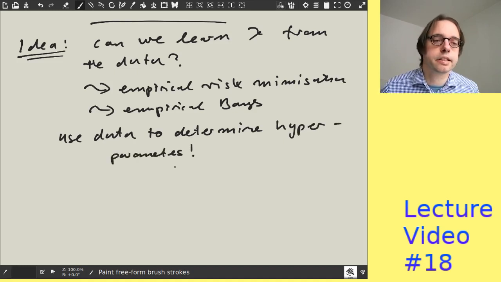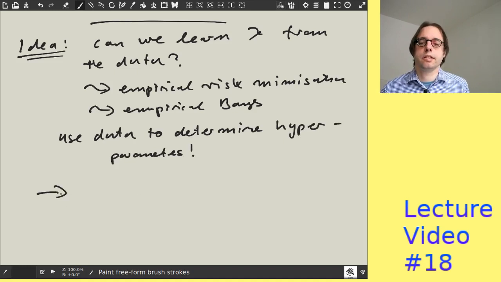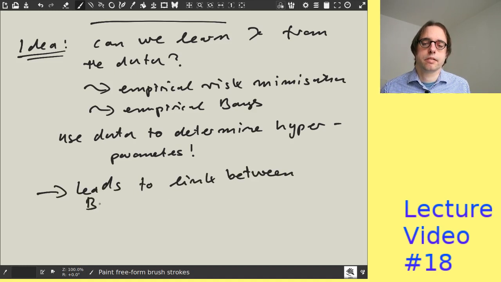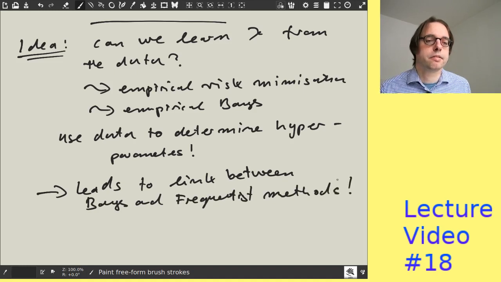And intriguingly, this also leads to a link between Bayesian and frequentist methods, because we're using a frequentist method to estimate a Bayesian quantity.